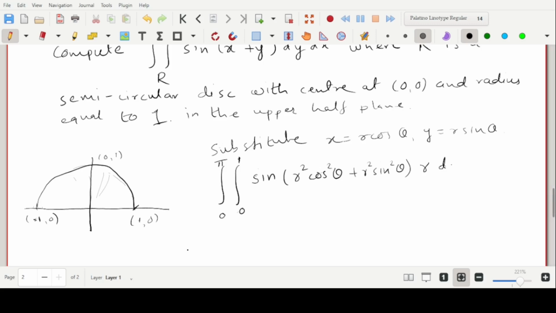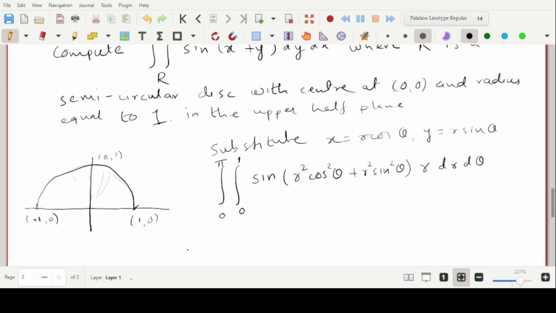Again here it won't matter whether we integrate first with respect to r or with respect to theta, because as you can see over here the limits of integration are both constant.